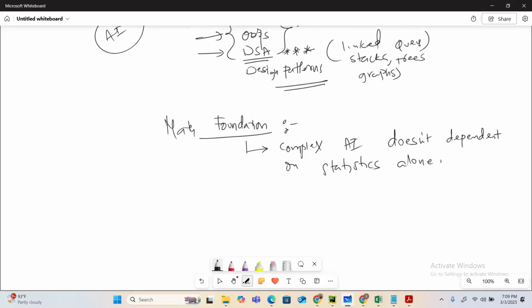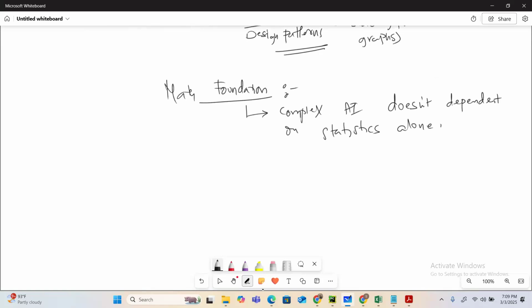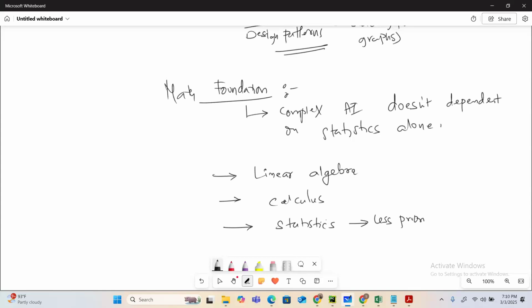The most important concepts of math foundation are linear algebra, calculus, then statistics. The order is correct; statistics is less priority.